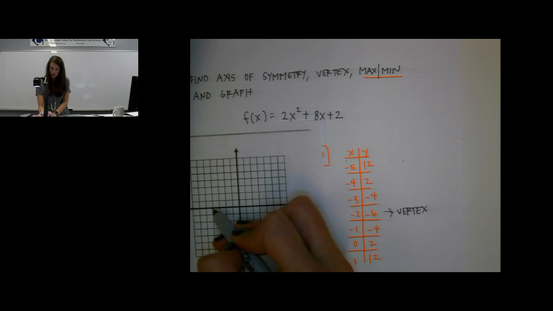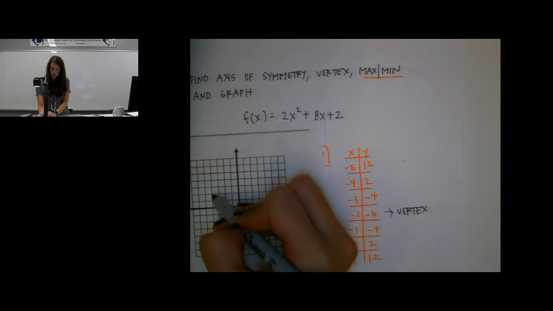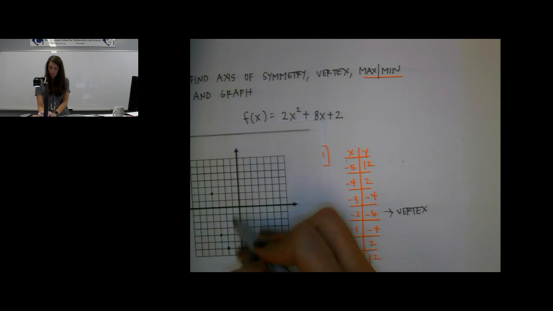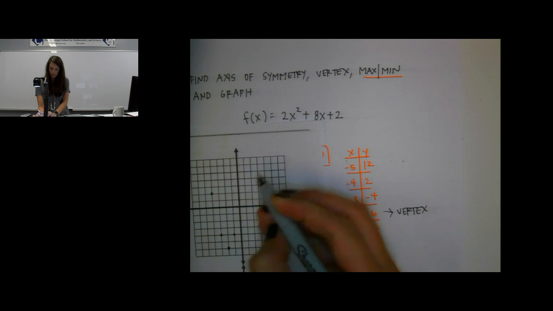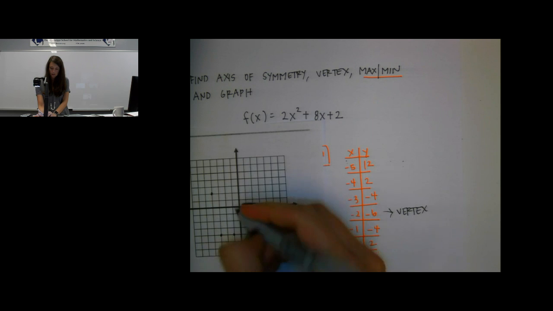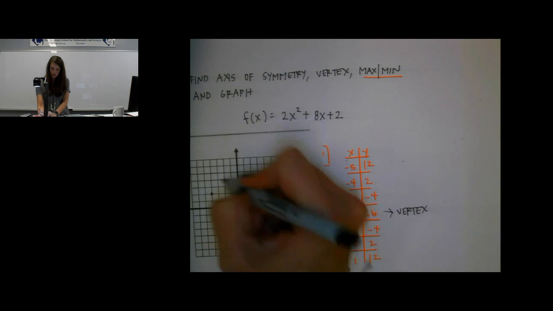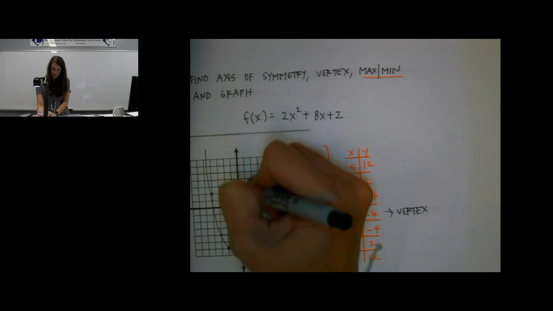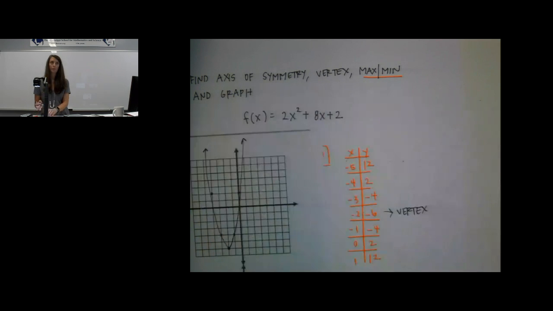At negative 4, you're going to be at a positive 2, 1, 2. And there's no 12 there. Then at negative 1, you're going to be at negative 4. And at 0, you're going to be at a 2. So this is going to be a U-shaped graph there.